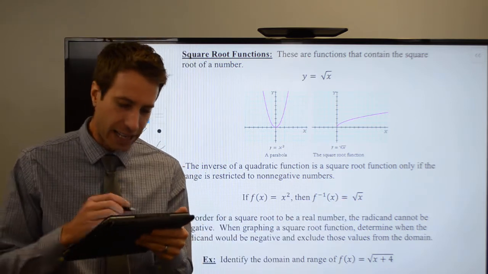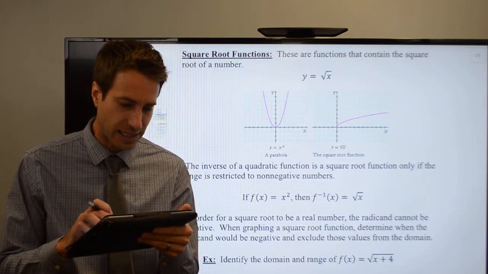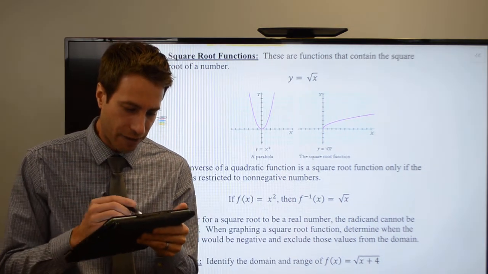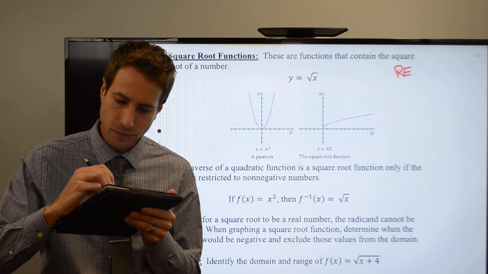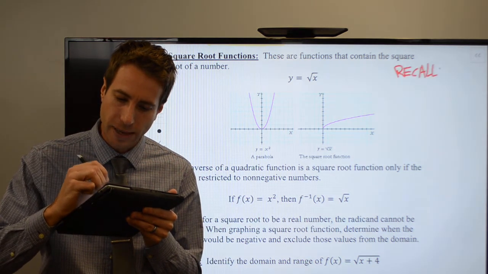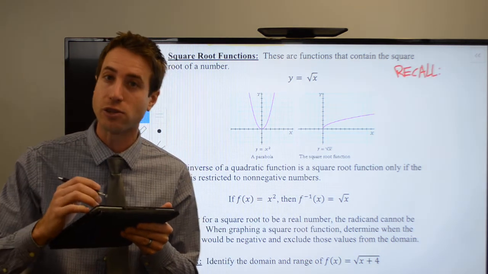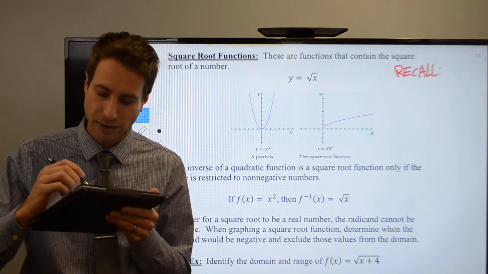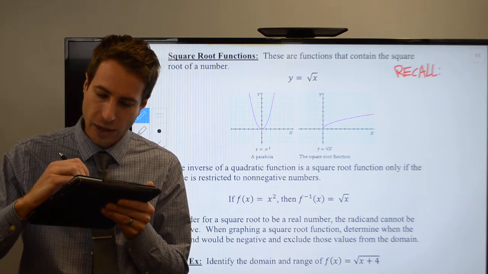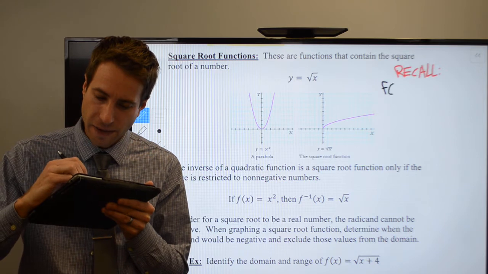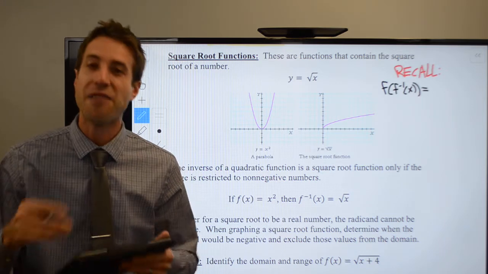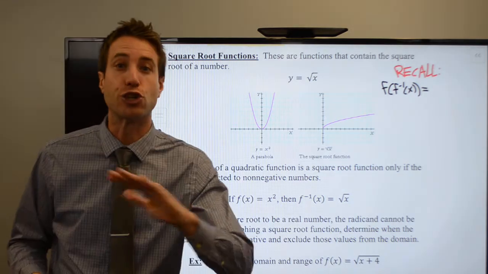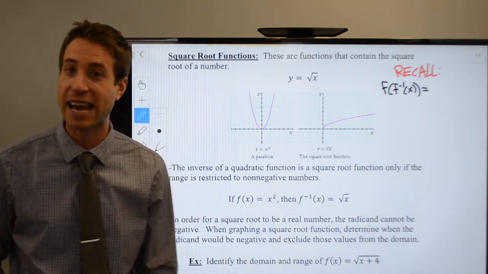And again, I can show you that pretty simply right over here. If you just recall for me real quick, the way that we determine whether functions are inverses or not is by doing the composite functions. So if I do f of f inverse, that composite function should come out to just be an x.